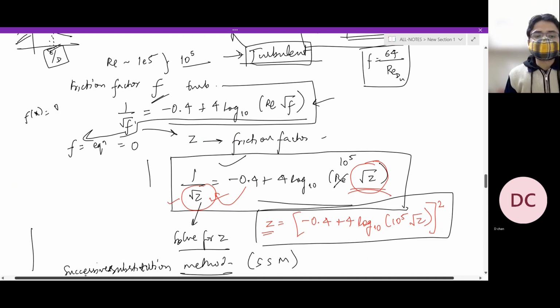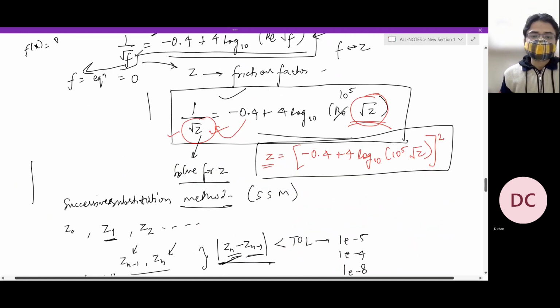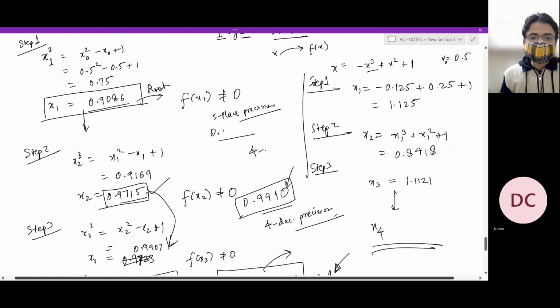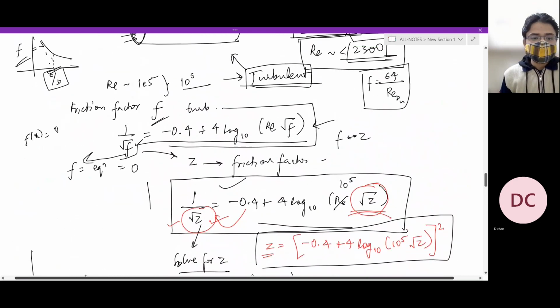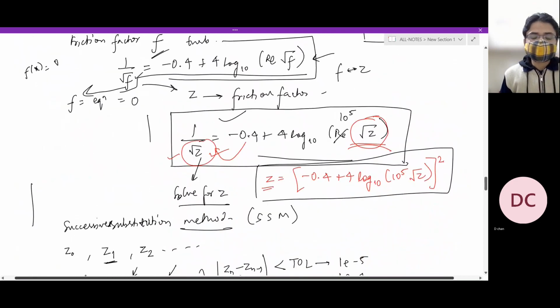If we keep using this, it might just confuse you further when you're looking at the notes. So we will just replace f by z. So for the ease of our understanding at the moment, you have this equation right here: 1 over root z equals minus 0.4 plus 4 log base 10 of Reynolds number times root of z.